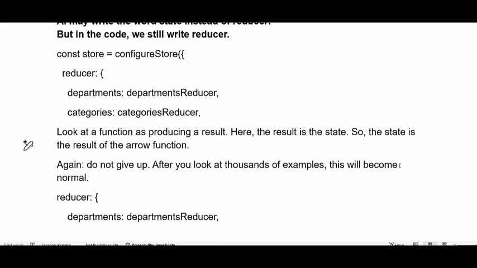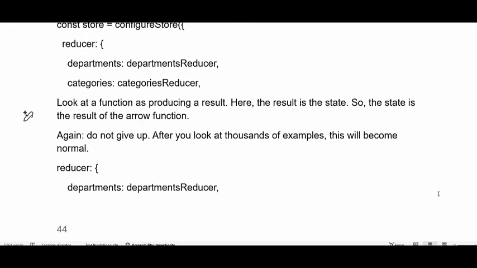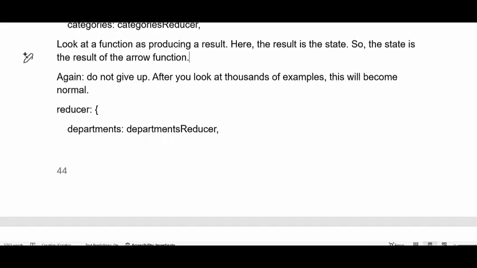Look at the function as producing a result. The reducer function produces some result. Here, the result is the state. So the state is the result of the arrow function. Again, don't give up. After you look at thousands of examples, this will become normal.